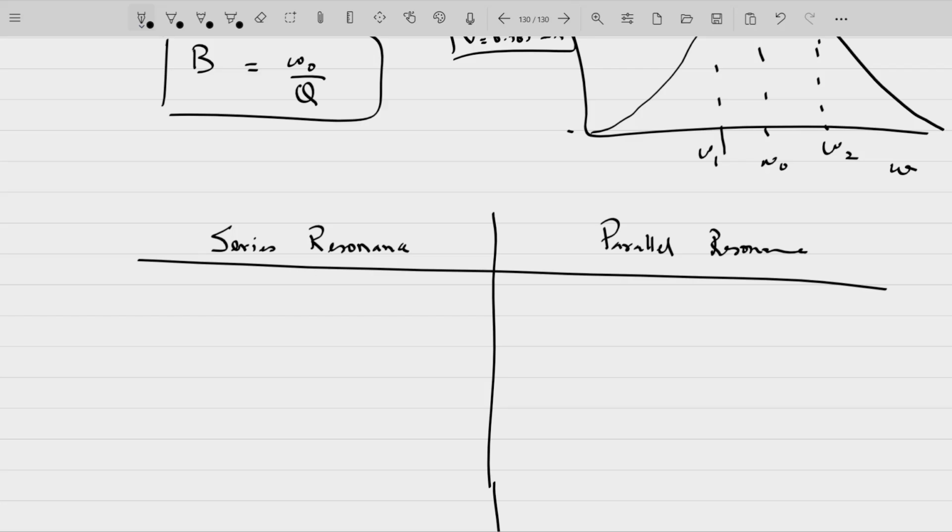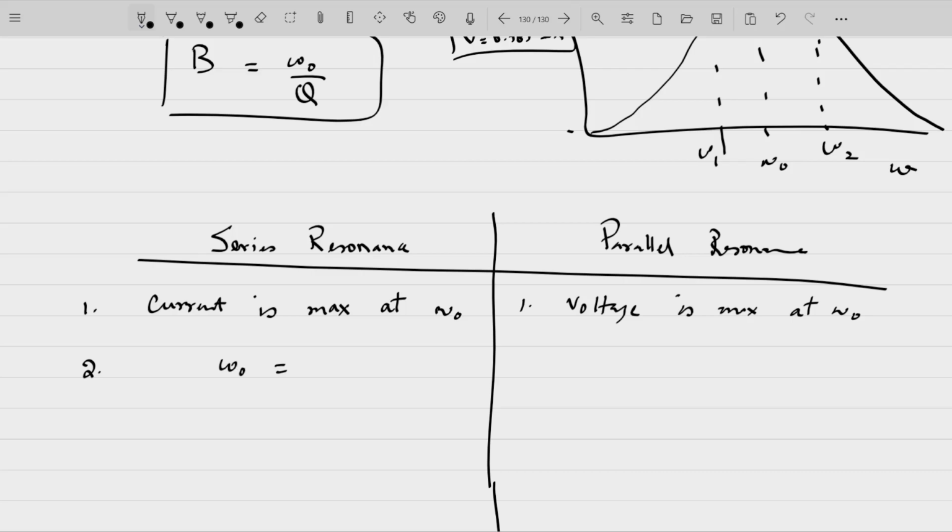So that is true for both cases. Now what changes here is that in this particular case, current is varying and having a maximum value at the resonance frequency point. In this particular case, voltage is varying and voltage will be maximum at the resonant frequency point.